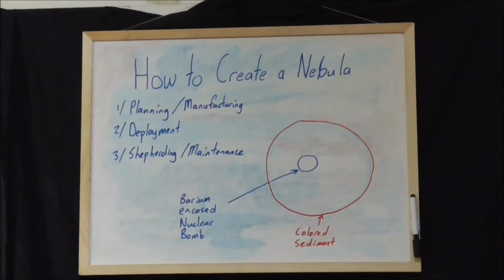So for deployment of the device, you would create this nebula bomb in another dimension, and then use a wormhole to place it at the exact location where you want it to go.